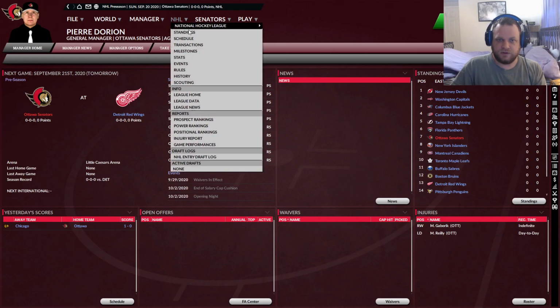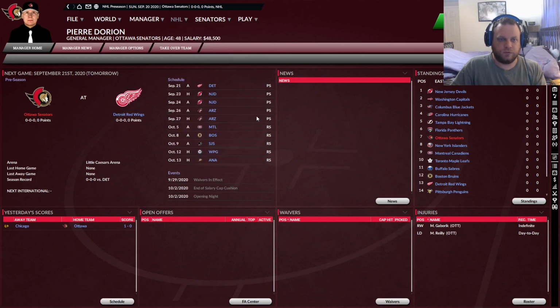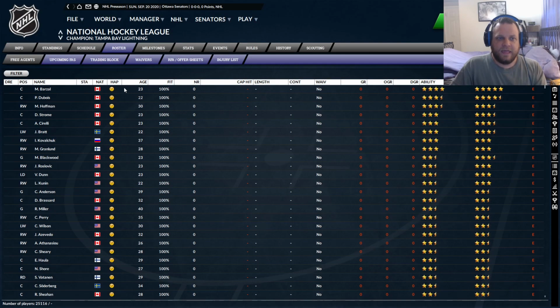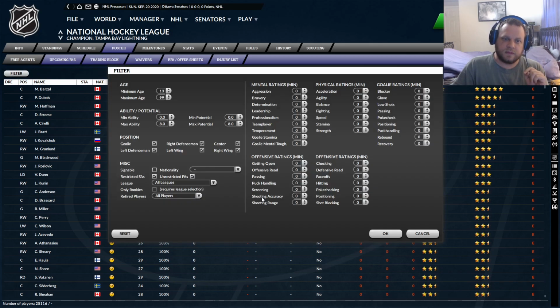So again, you would come here, you would go to transactions, and then by default that's going to be the first thing that's selected there, free agents. Now personally, and you can do what you want, whenever I look for free agents, I go to the filter here. And I make sure that I click the signable button, because the game has a tendency to put rookies from other teams that you can't really sign.